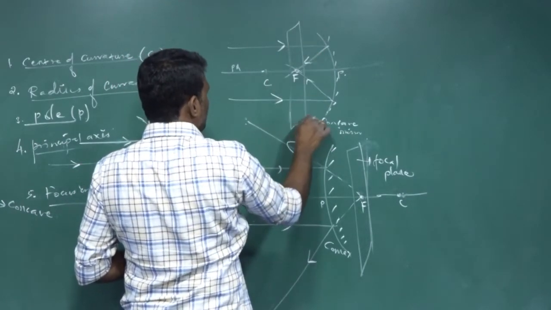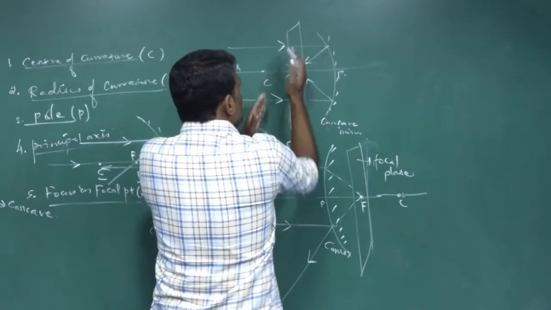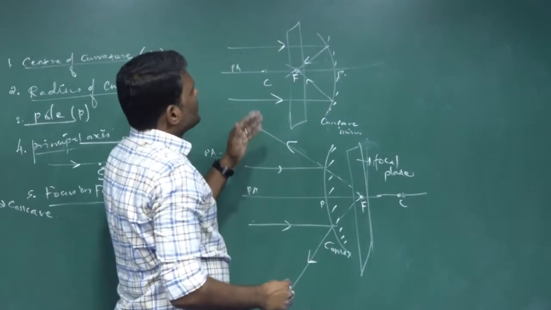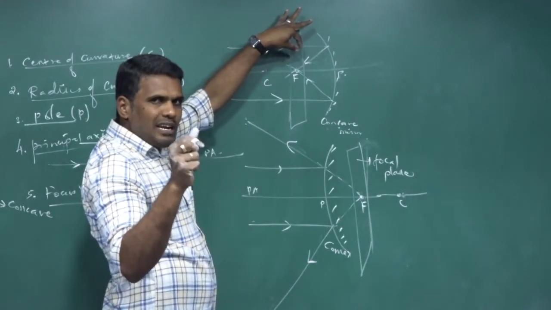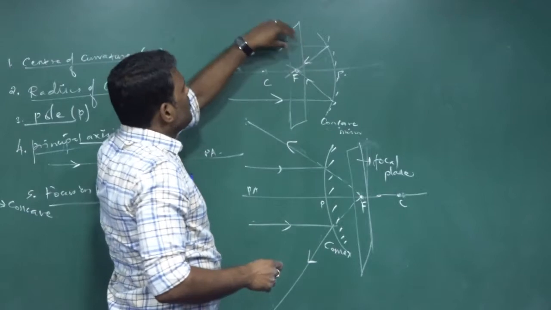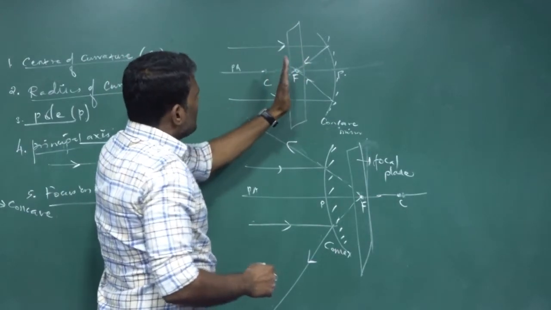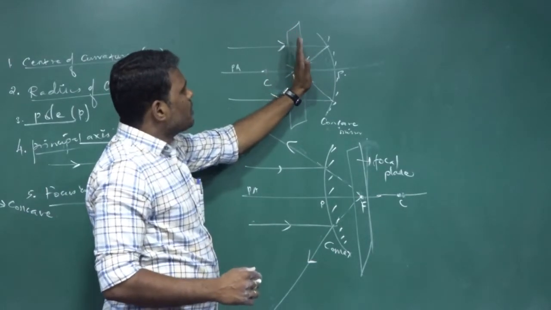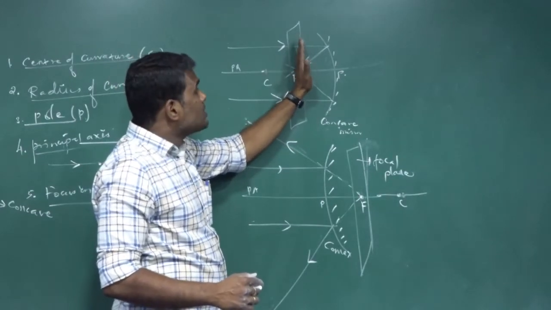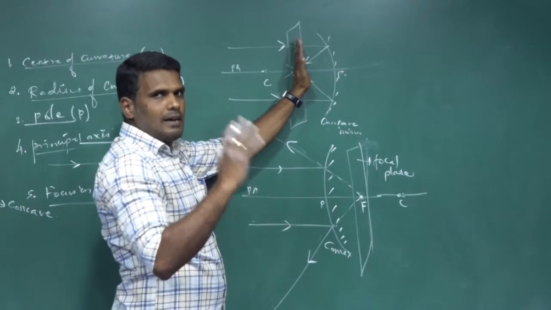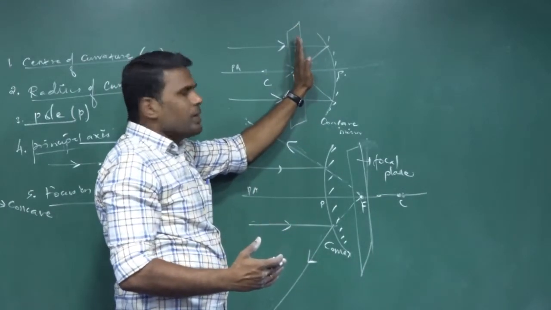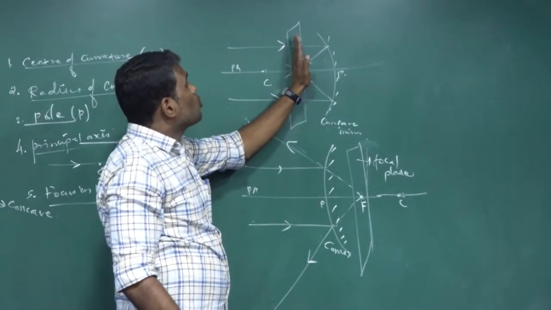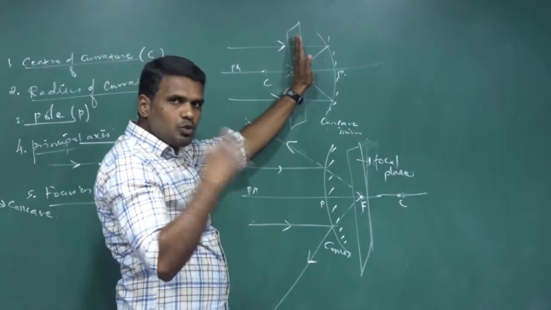It passes exactly through the point. You may wonder, this diagram will create a small confusion, but the thing is quite simple. This surface is perpendicular to the plane of the board and passing through this principal focus.